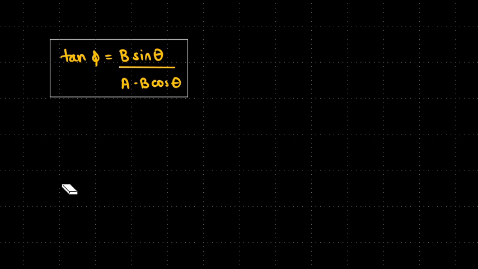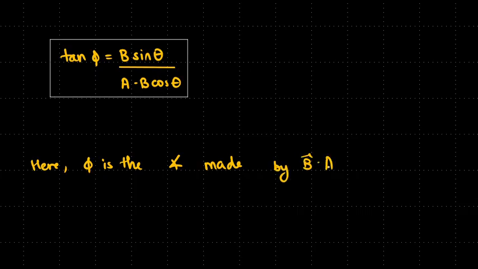And let's quickly summarize. Here phi is the angle made by vector b minus vector a with minus vector a. So this is a point that you must know.